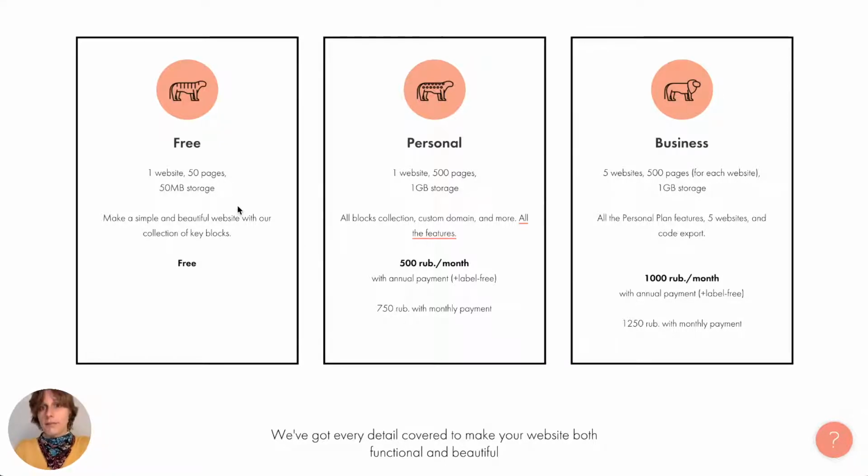But the website can be online, can be live. So what are the limitations? You won't be able to use the custom domain, but you will be able to use the Tilda subdomain, which is the URL that will end with tilda.ws. All right, and the first part is customizable, it's up to you.